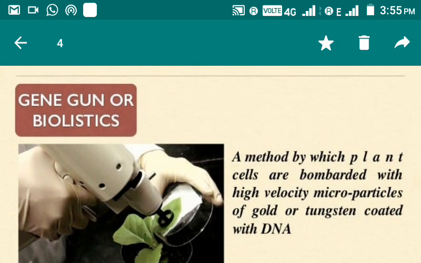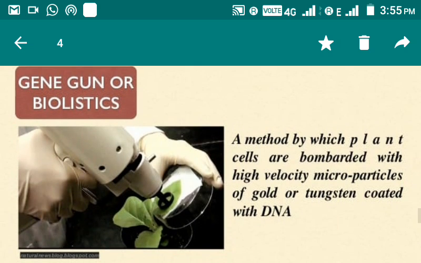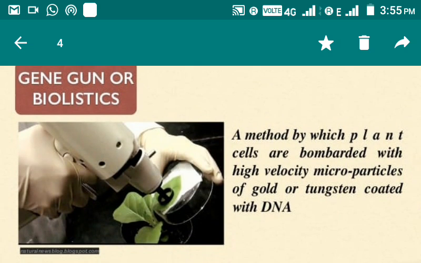Next one is gene gun or ballistic. This is another instrument which is used in plants. It is a method by which plant cells are bombarded with high velocity micro particles of gold or tungsten coated with DNA.